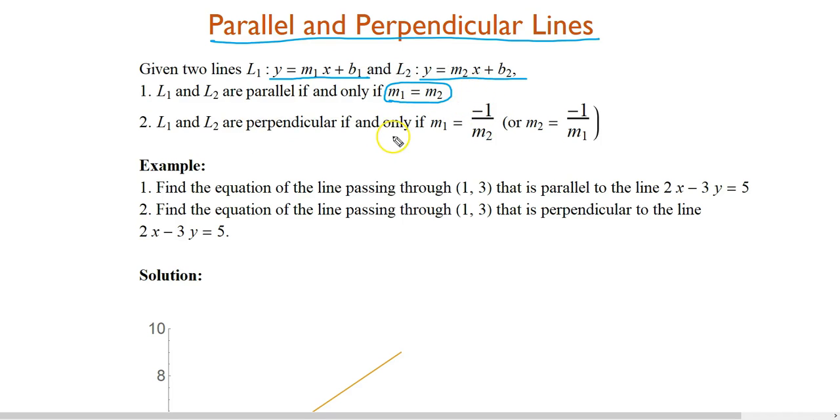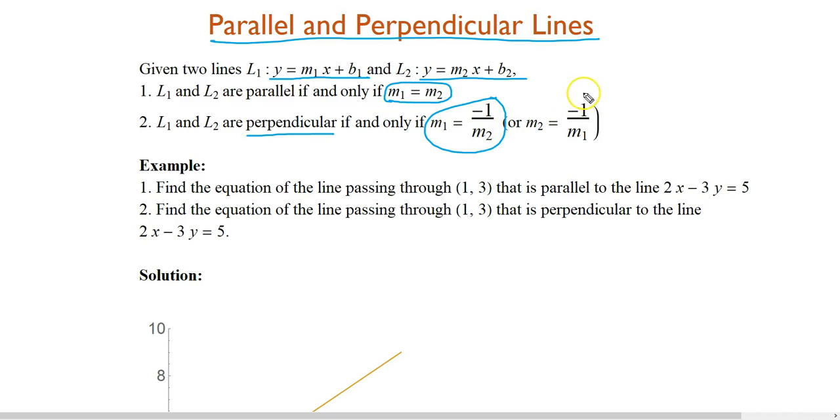Now this one's not immediately obvious, but it also happens that the lines will be perpendicular, crossing at 90-degree angles to each other, if and only if m1 is the negative reciprocal of m2. So m1 equals negative 1 divided by m2.